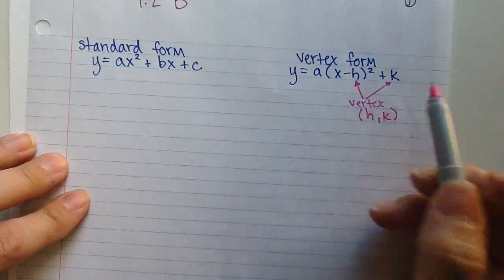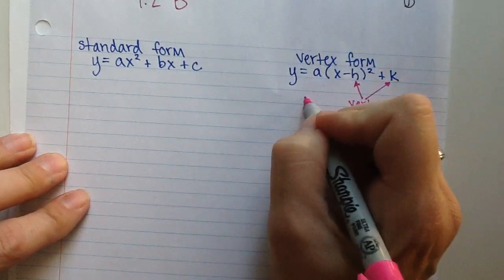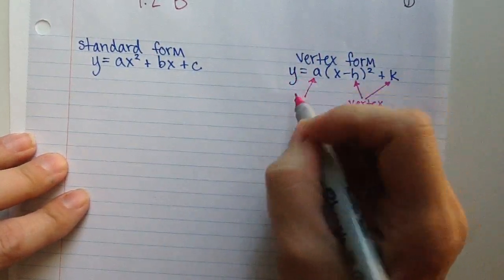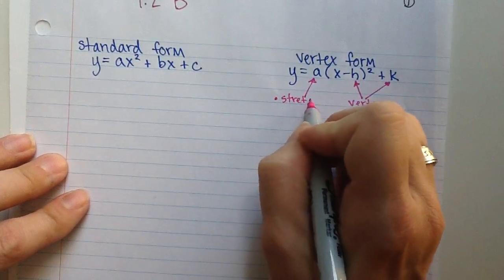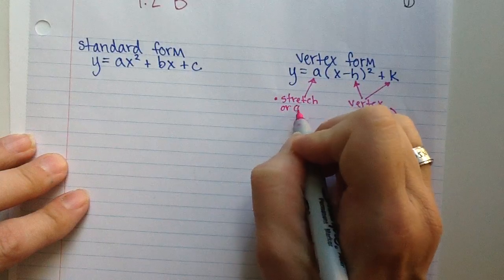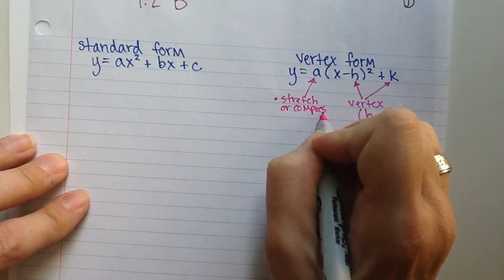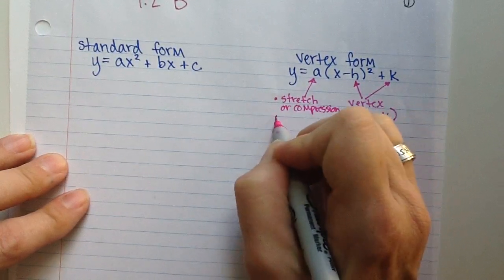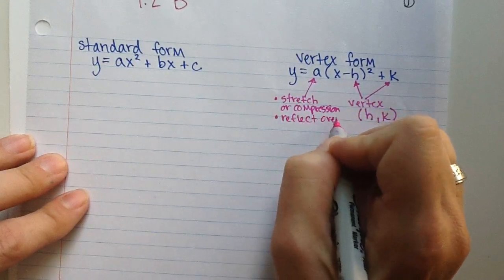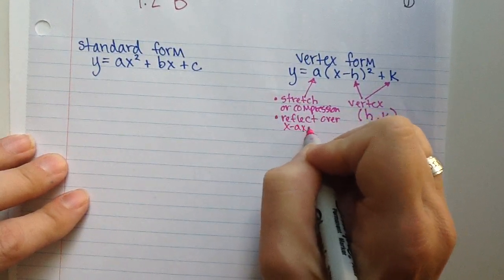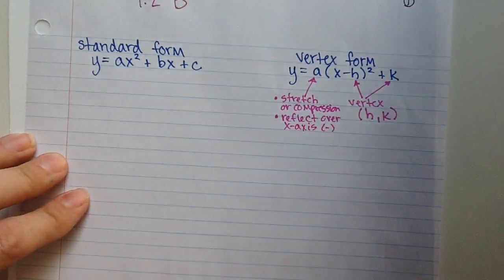The vertex would be at (h, k). And then we can tell how to graph it by looking at the number in front. It tells us whether there's a stretch or compression, and it also tells us if it reflects over the x-axis, if that number is negative.